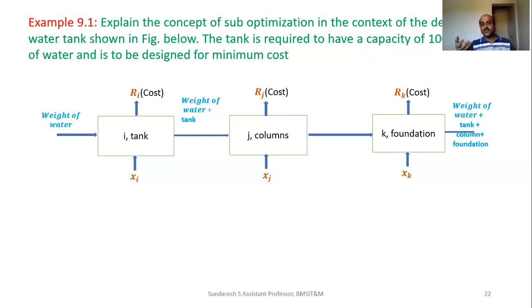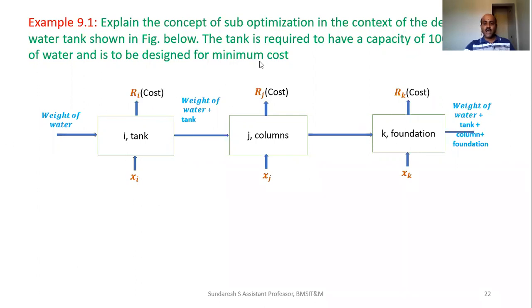So the return function is nothing but the effectiveness of the decisions you make. Okay, so therefore here Ri corresponds to the return function for the tank, Rj is the return function for the column, whereas Rk is the return function for the foundation.